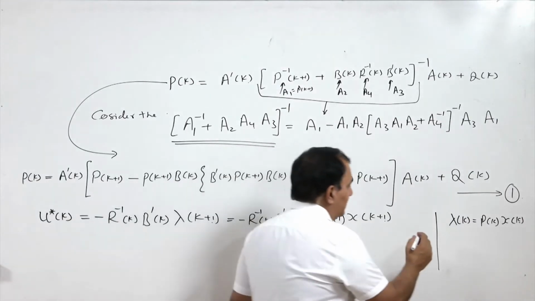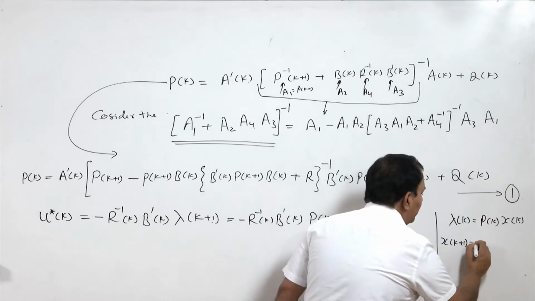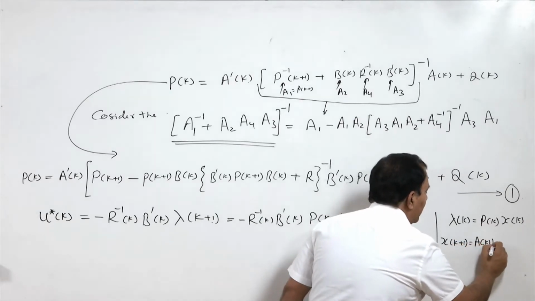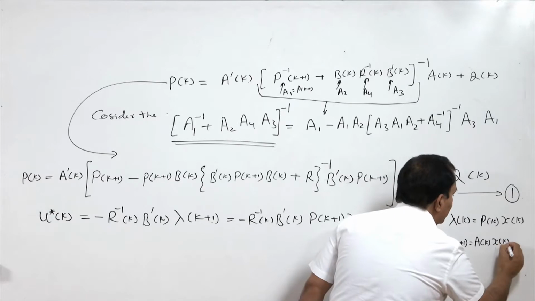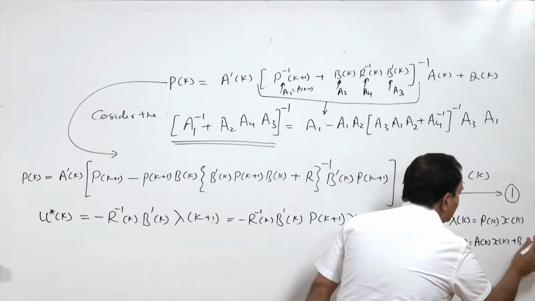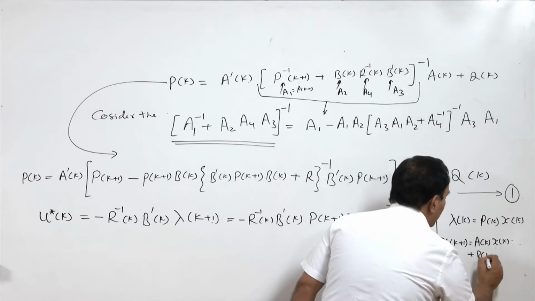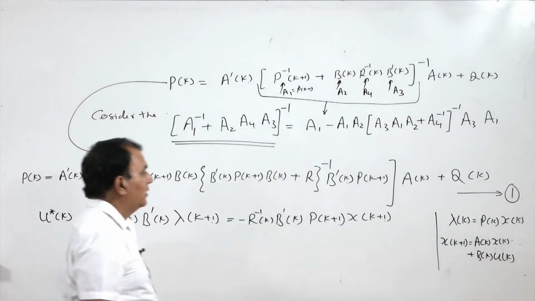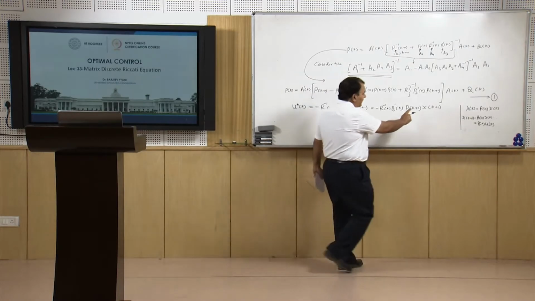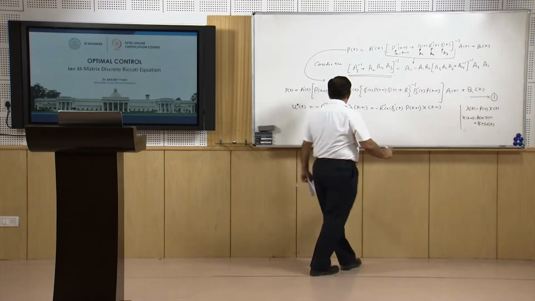My given system is x(k+1) = A(k) x(k) + B(k) u(k). So x(k+1) I will replace by A(k) x(k) + B(k) u(k).